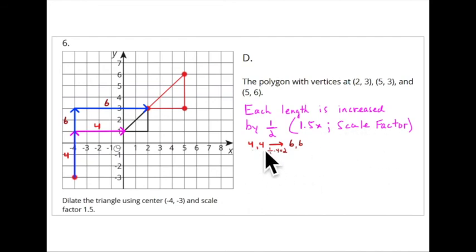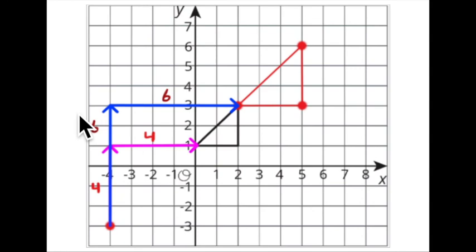So if this is 4 units, well, 3/2 of 4 is 6. So let me zoom in on that for a little bit. If this is 4 units, 3/2 of 4 is 6. 3/2 times 4 is 6. This is 1/2 times 4, which is 2 units. 2/2 times 4 is 4 units. And another half of 4, which is 2 of these units, gets you to 6.